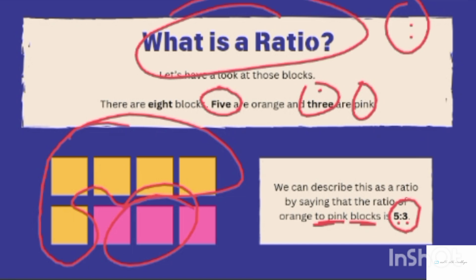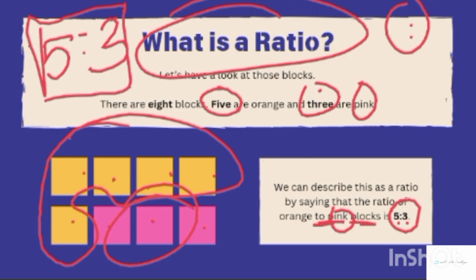To find a ratio, if it asks for the ratio of orange to pink, we count the number of orange boxes, which are 5, then we put the ratio sign, and then we count the number of pink boxes, which are 3, and write 3. So the ratio of orange to pink is 5:3.